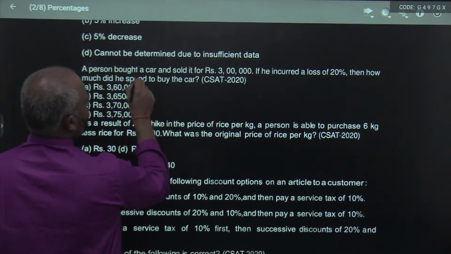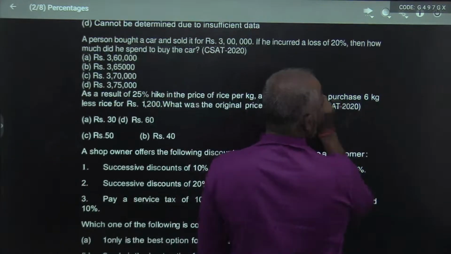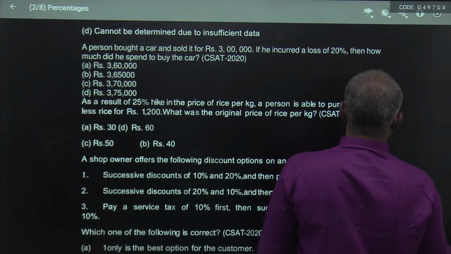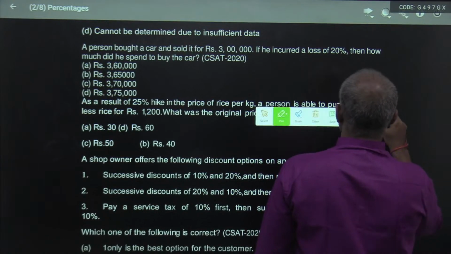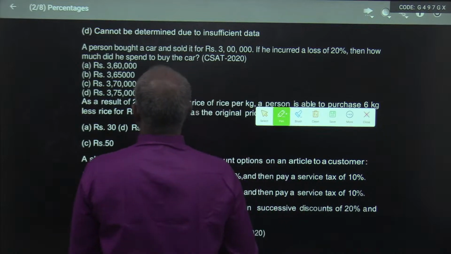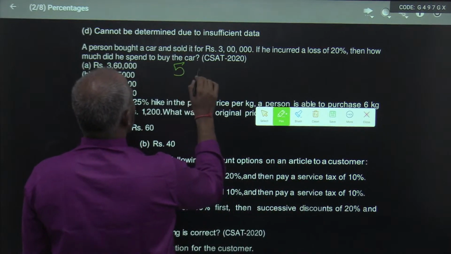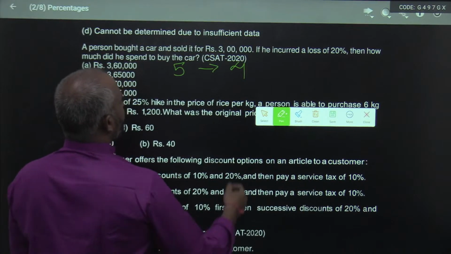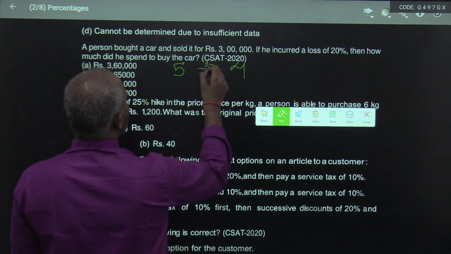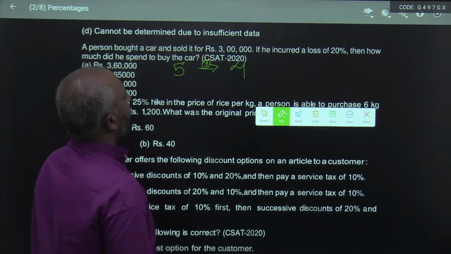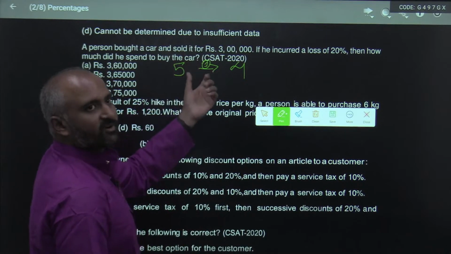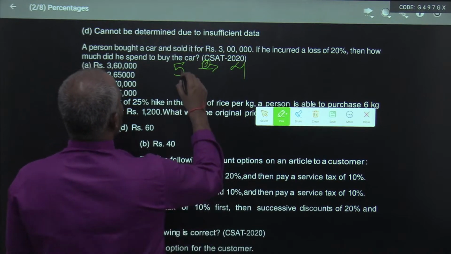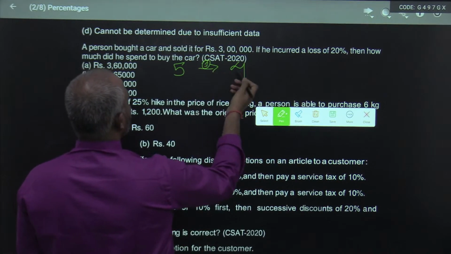So the efficient way would have been, I hope you have understood that. 5 units, he incurred a loss of 20%. 20% is 1 by 5, equivalent percentage 1 by 5. So on 5 units there is a loss of 1 unit, so it is 4.